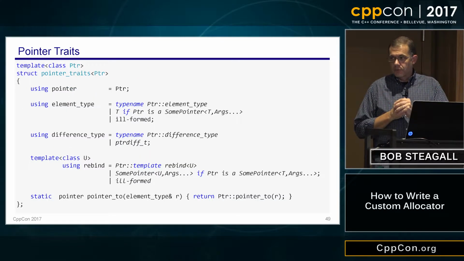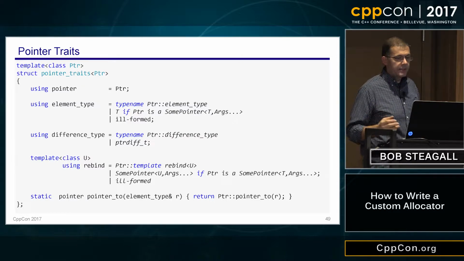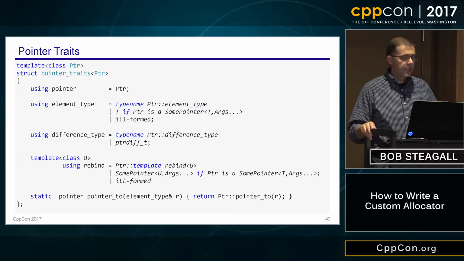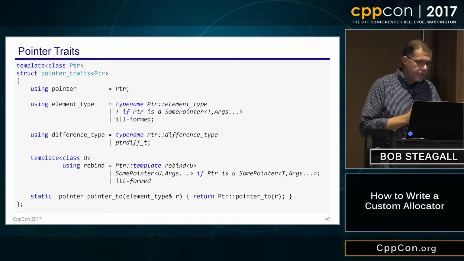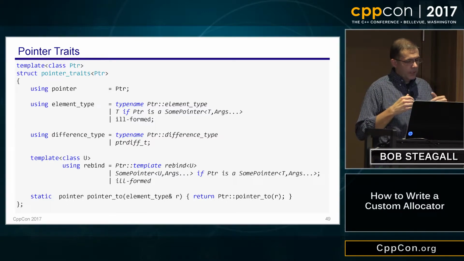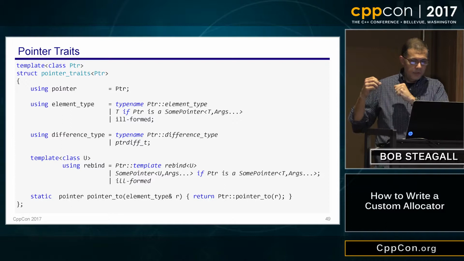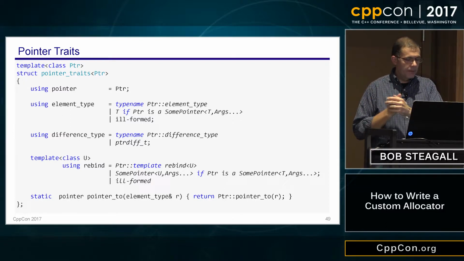Now, it's also possible that you want to have some sort of synthetic or fancy pointer type. And so conforming implementations also provide this other partial specialization. So here, the nested type pointer is actually equal to the type of the template argument.